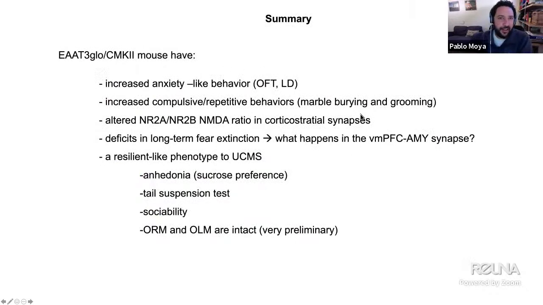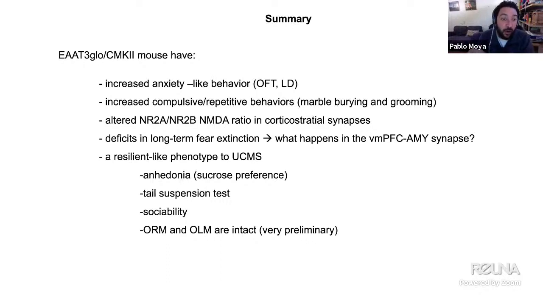So far, I've tried to convince you that this is a very cool transporter to study. We went over data indicating that the increased forebrain expression of this transporter triggers increased anxiety-like behavior, increased compulsive/repetitive behaviors, and alterations in the NMDA subunit composition, which as of today we have only demonstrated functionally in the corticostriatal synapses, but at the molecular level we know that the changes are similar in prefrontal cortex and hippocampus as well.